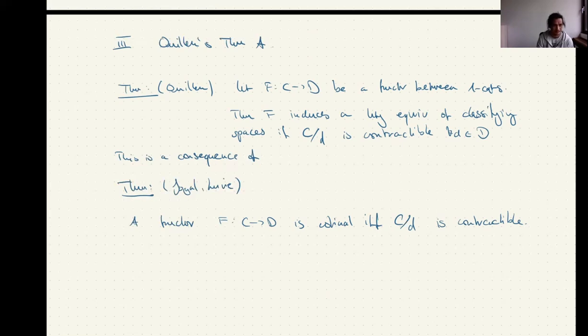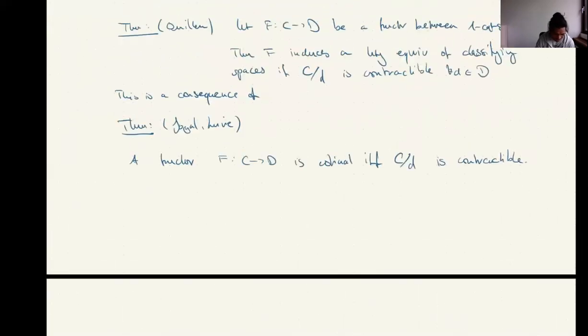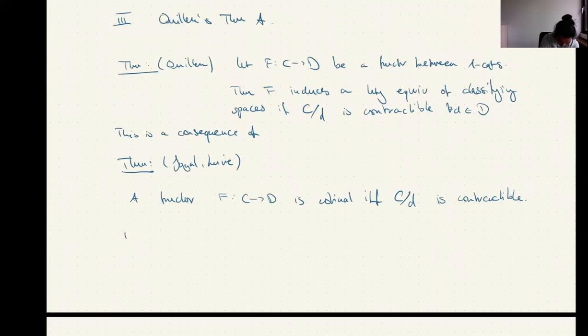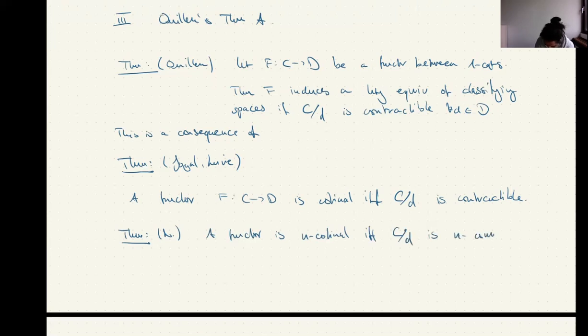And then here's a refined version of this, when you apply this to these truncated model structures. So then a functor is n-cofinal if and only if the slice category is n-connected.